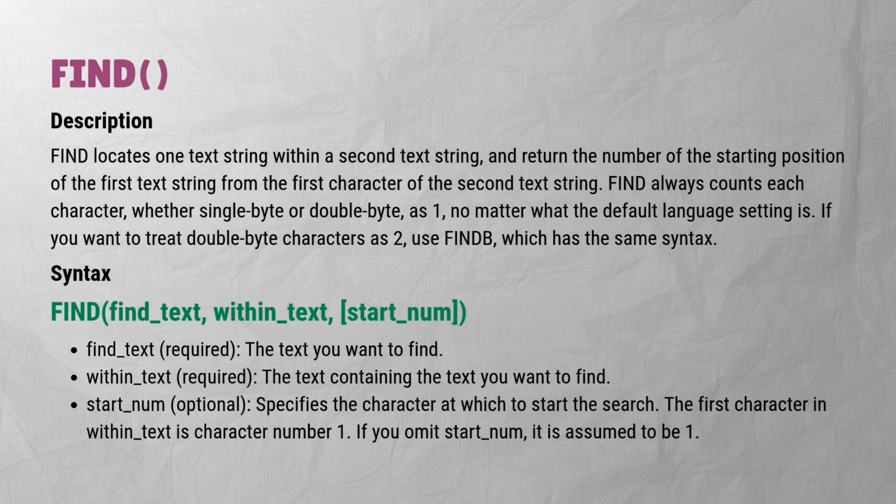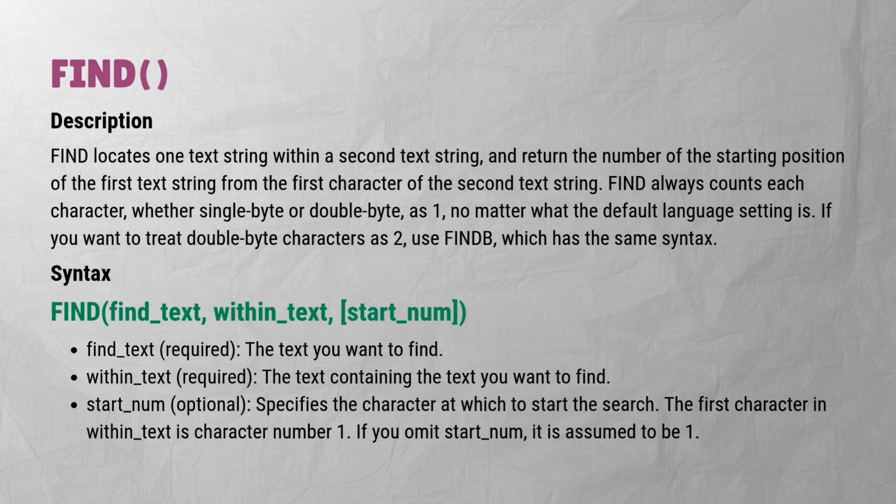The find function is really helpful because it helps us locate one text string within a second text string and returns the number of the starting position character. So the first character where the text we're searching for happens inside the larger text, this is what we're going to get, the index of the first character.